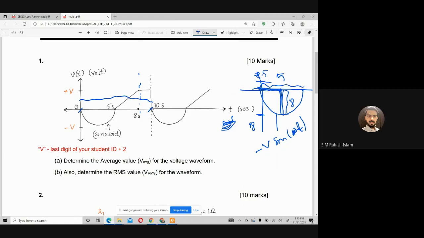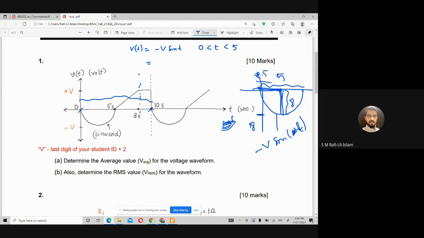What is the equation for the sinusoid? v of t, piecewise linear model, is negative v sine t. Where will you get omega? Because this is only a function of t. So the time is 0 less than t less than 5. This is one of the things.